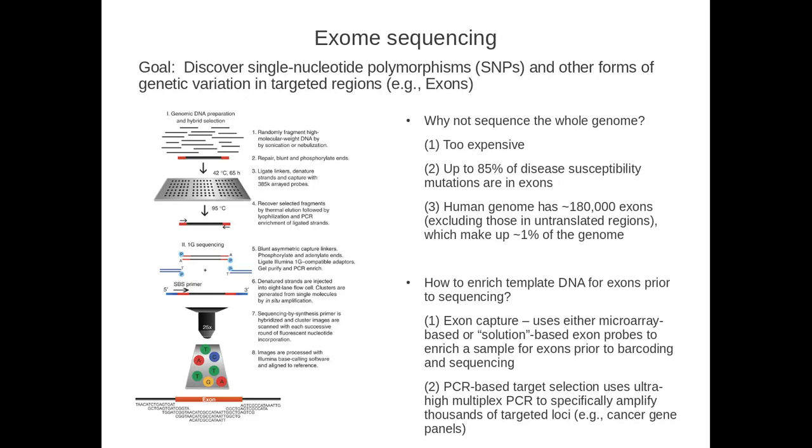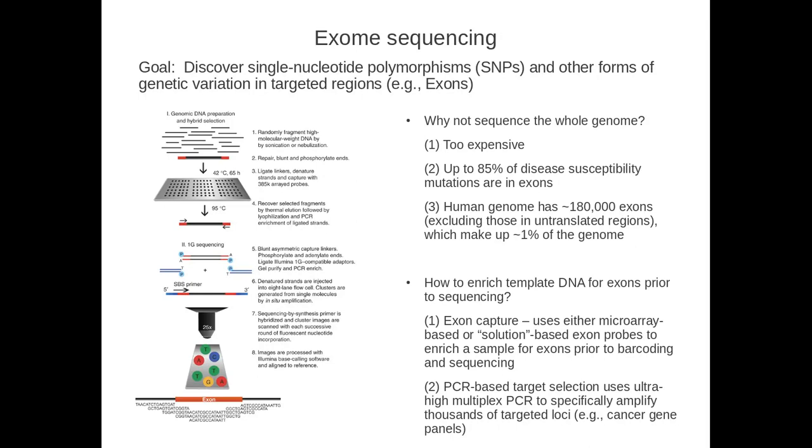Another more recent development is PCR-based target selection. You do the polymerase chain reaction on literally tens of thousands of positions in the genome simultaneously, with primers that target exons of interest, and in some cases the entire exome, and then you sequence those PCR products.